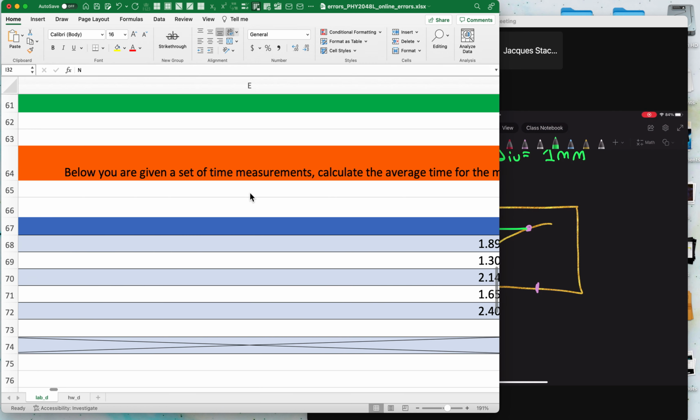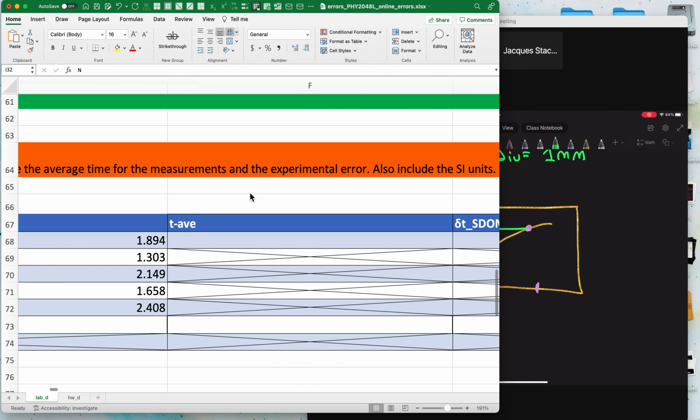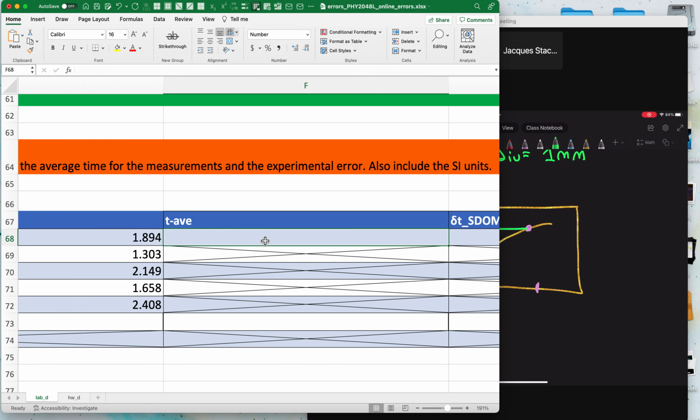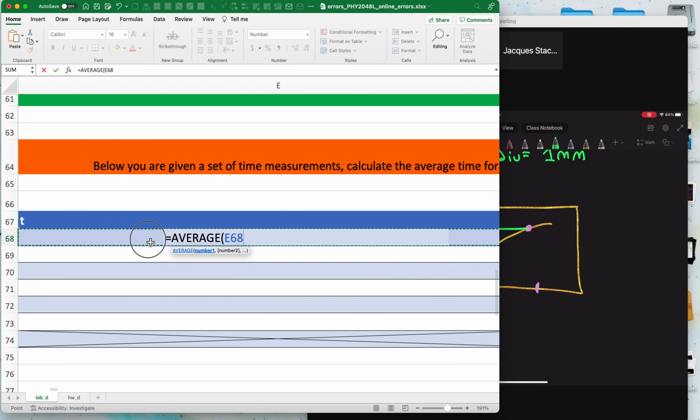Okay. So first thing here, let's go ahead and calculate the average. So whenever you do a calculation in Excel, start with an equal sign, and the function that we want is average, so type AVE, pick average. And here, since all the numbers are next to each other, just click and drag across all those numbers. I should probably zoom out and redo that.